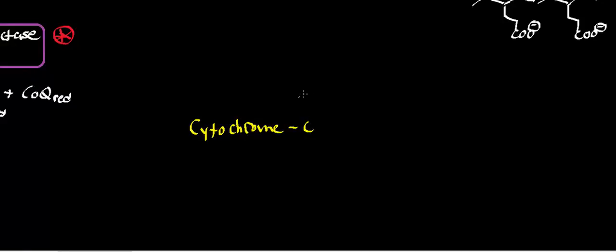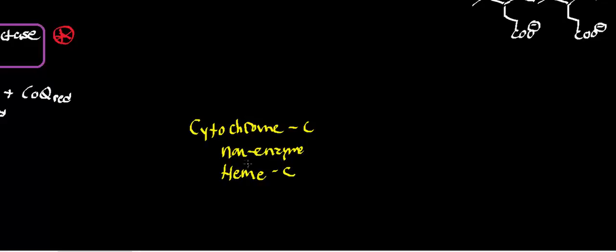Just to give you some background information, this is a non-enzyme. It's a protein, but it's non-enzymatic. It doesn't have any catalytic properties. What it does is it has this prosthetic group called heme C.